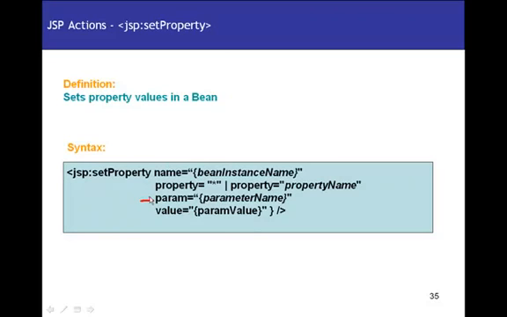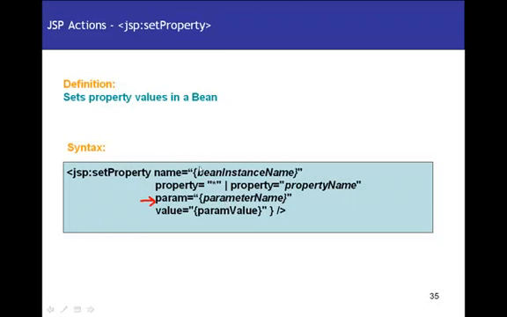So here this JSP set property element also has a param attribute, and I can simply map that field name, which would be updated by the user, to this param attribute. Right, so in this case whatever value is entered in that username input text box would be updated to this bean for that particular property. So if I say username here, it would be updated to the username property, right?